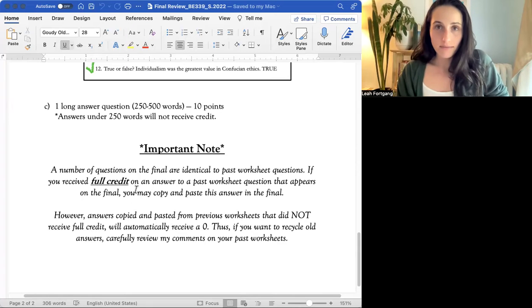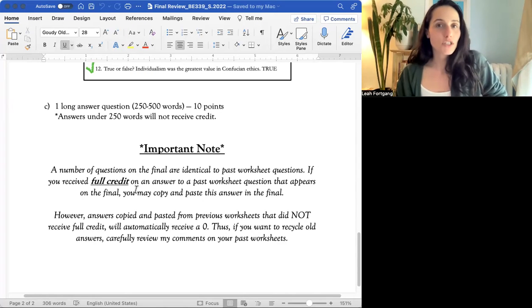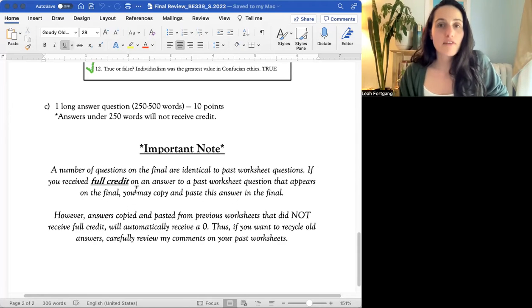That is fine, provided that your answer to that question received full credit on the worksheet question you submitted. So say you see a duplicate question on the final, you're welcome to copy and paste an answer that you already used on a worksheet, provided that your answer on that worksheet received full credit.